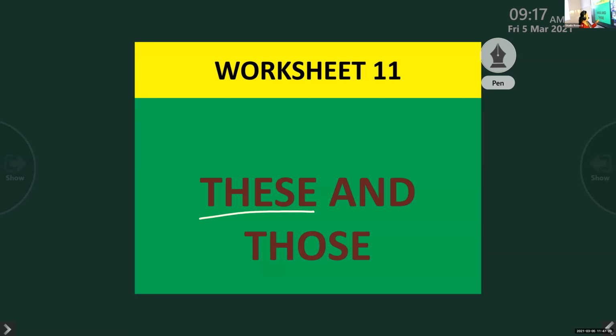Now, today we are going to revise the usage of two very commonly used words, these and those. We have learnt about singular and plural, right? What do we add to nouns to make them plural? S and ES. Yes, very good. We add S and ES to specific nouns to make them into their plural form.